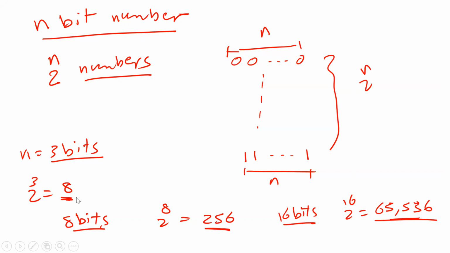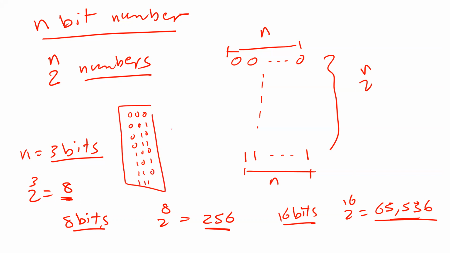That means in 3 bits, I can have up to 8 different numbers, which are 0, 1, 2, 3, 4, 5, 6, 7. These are all possible cases. How many? They are 8. Is that okay?